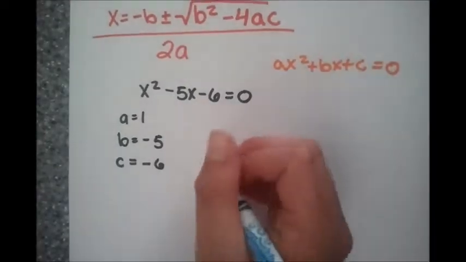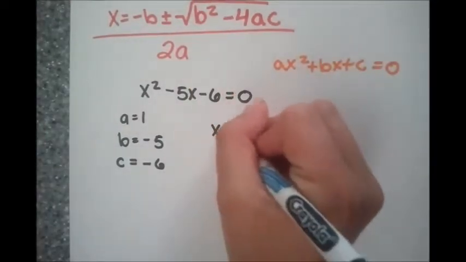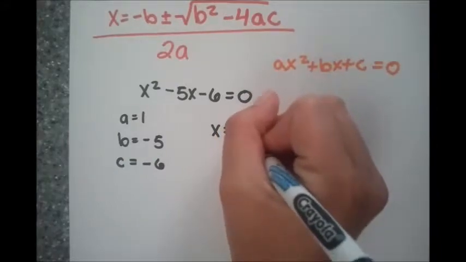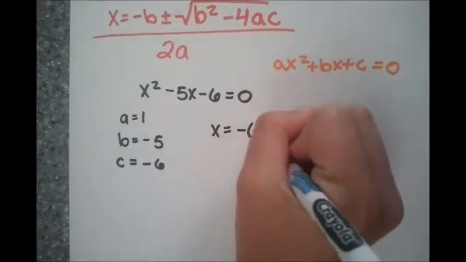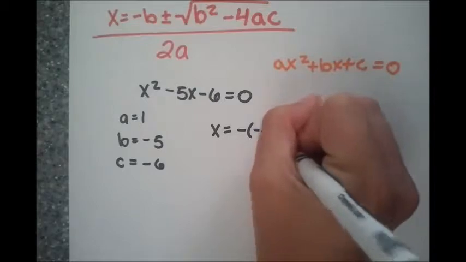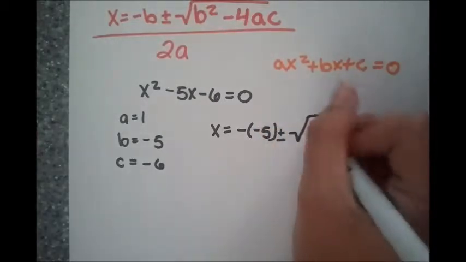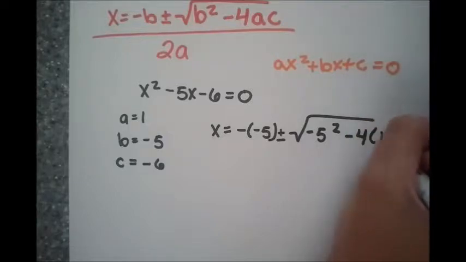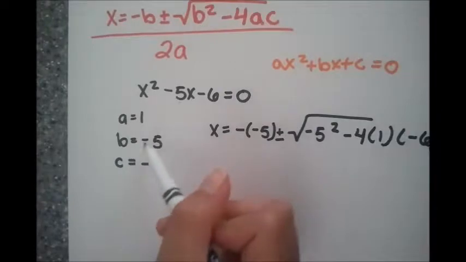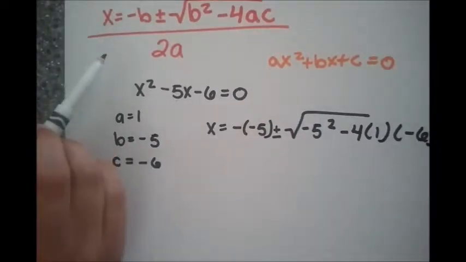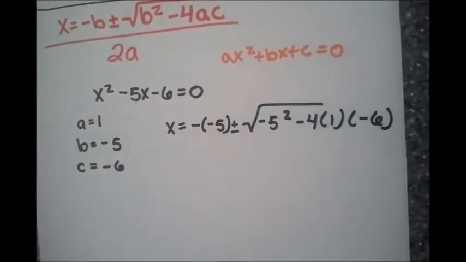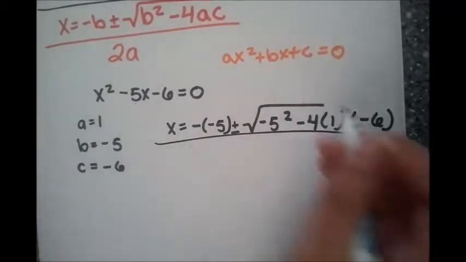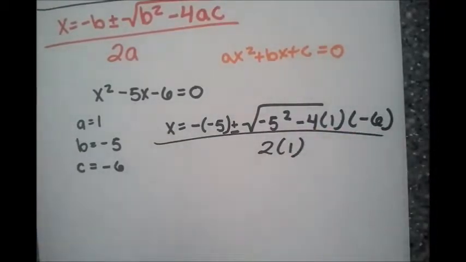So then that would be x equals negative 5 plus or minus the square root of negative 5 squared minus 4 times 1 times negative 6. I'm just plugging a, b, and c into the formula. And then all of that is over 2 times 1.